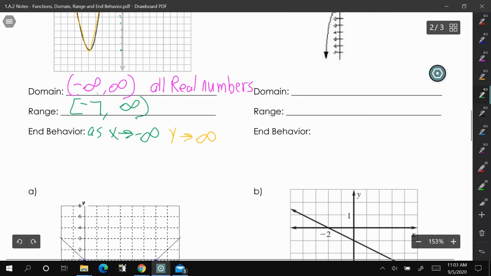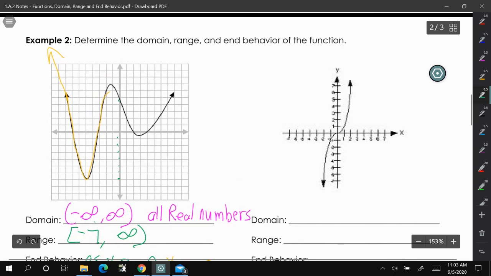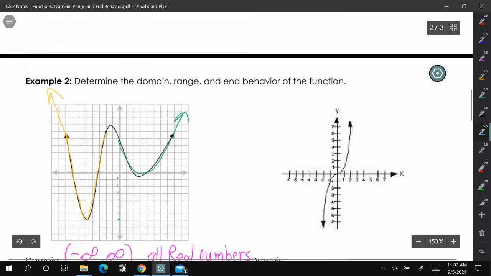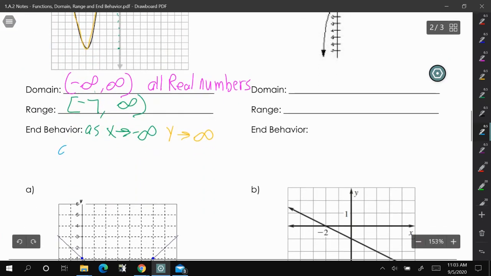So now let's look at the right side. The right side here is also going up. So the right end is also going up. So then what we'll write is these two things. As x approaches infinity, y approaches infinity.